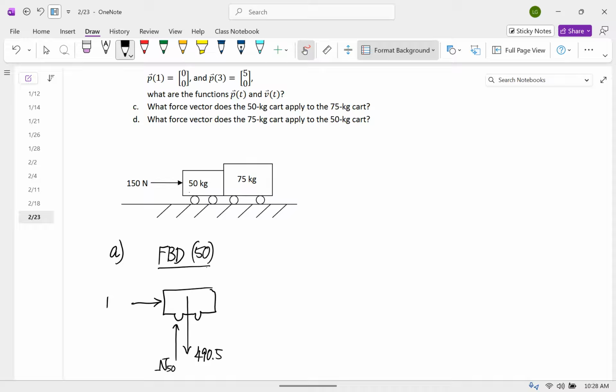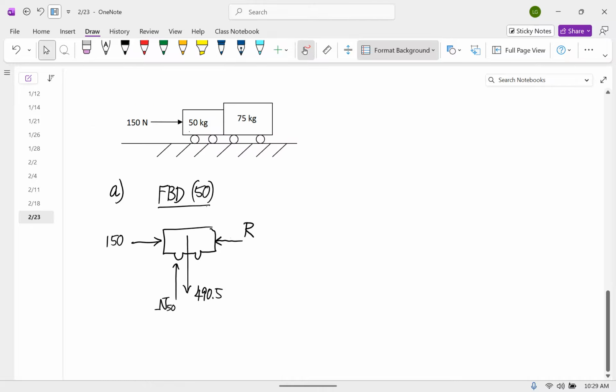There's the given 150 Newton force. And then the only other place where the surroundings make contact with the boundary is where this touches the 75. That's a pushing contact. So it's perpendicular to the surface, toward the chosen body. Give it a name. And that's it.